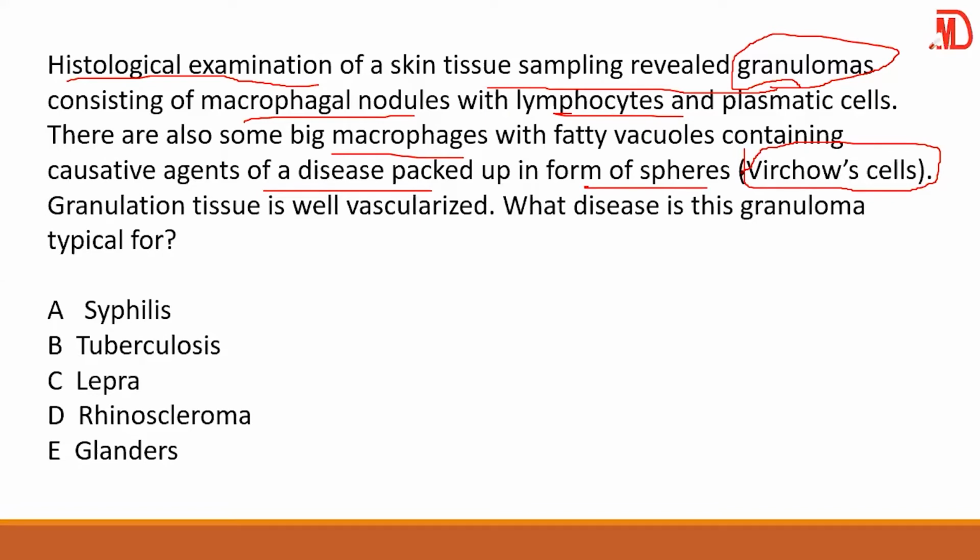So what type of granuloma are you thinking about? You are thinking of lepra, or leprosy. Why? Because there's a presence of Virchow cells. In syphilis, you are thinking of gumma cells. So please take note of that.